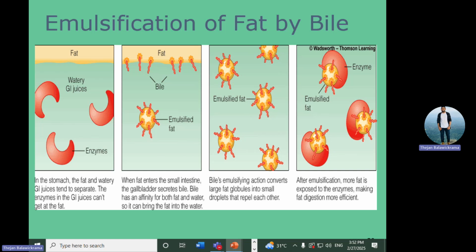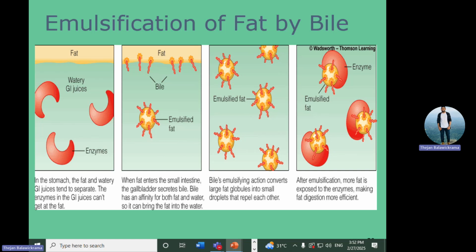So the first step, nothing is happening, right? Then bile involves here, that combines with fat. Okay, now this is the fat-bile combination. Now enzymes are involved. This combination is not normally happening, which is why bile is involved.